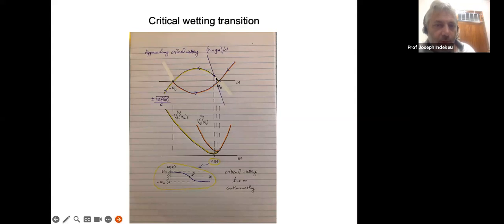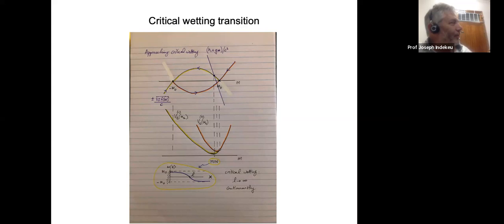Now look, because I start quite close to m0, I start with a small absolute value of the derivative. So I can go pretty far out before I cross here and go to the minus m0. See? And I can push that crossing value L, the distance from the wall, farther and farther away from the wall if I let this point and this line move slightly to the right and let this point approach the bulk point.